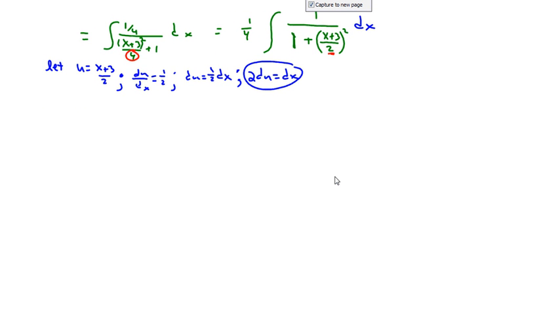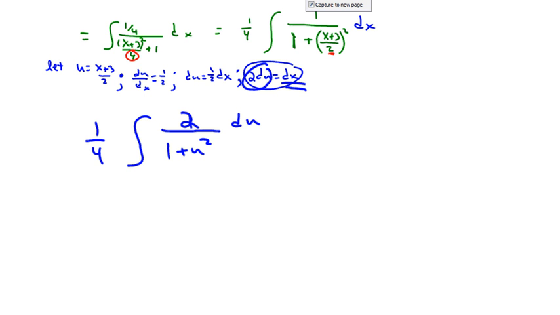Okay, so we could rewrite this all now as 1/4 the integral of 1 over 1 plus u squared. And now plugging this in for dx, we get 2 du. Furthermore, we can bring the 2 out.